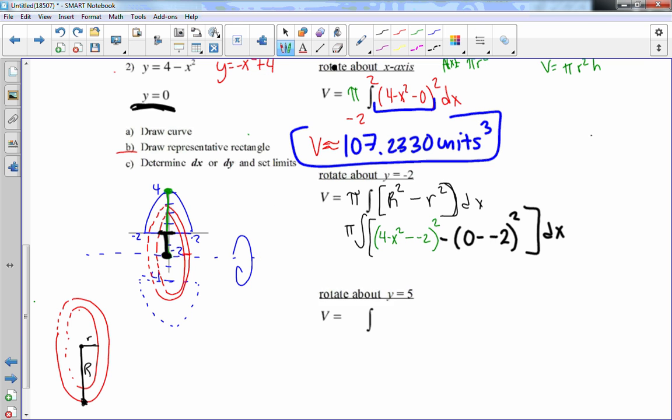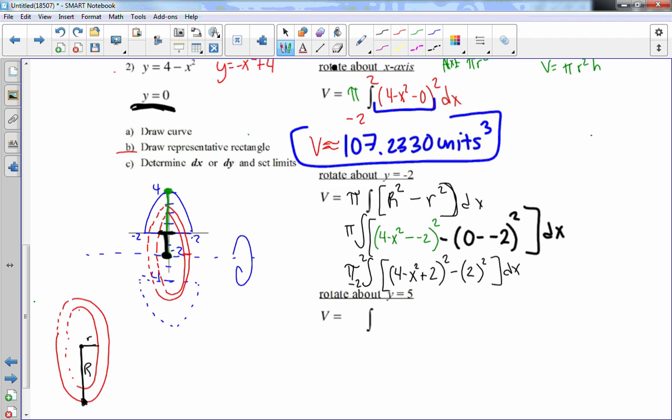It's forming a washer. Okay, so we have pi integrated from, and we're doing this with respect to x, so it's still -2 to 2, of 4 minus x squared plus 2, squared, that's the long radius, minus 2 squared, dx.